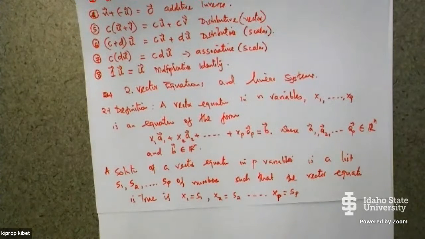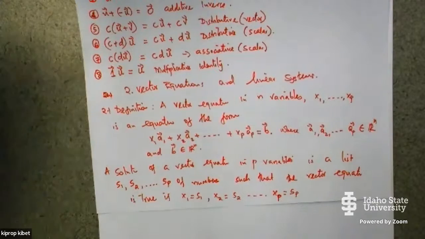So those are the solutions. The solution is what the variables we are looking for are equal to. So s1, s2 up to sp are the solution sets.